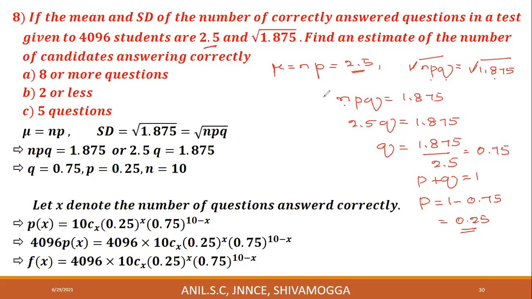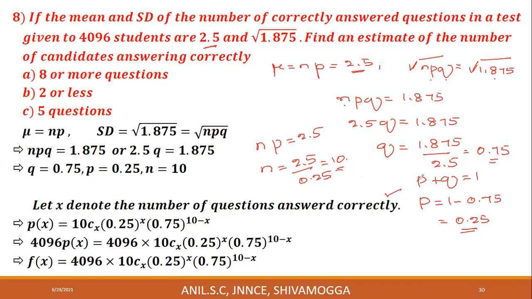And how many questions are there? NP is equal to 2.5, and N is equal to 2.5 divided by P, and P is 0.25. 2.5 divided by 0.25 is 10. N is equal to 10, P is equal to 0.25, and Q is equal to 0.75, and X is the number of questions answered correctly.